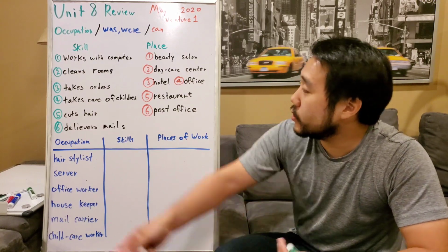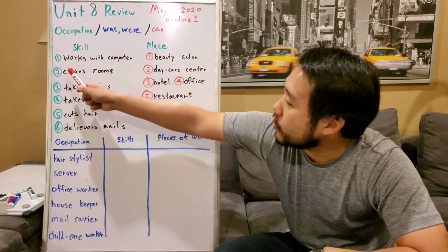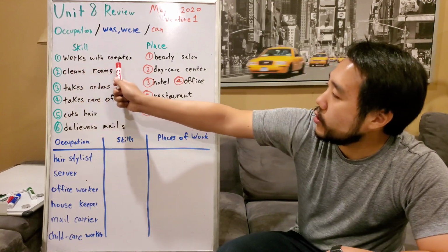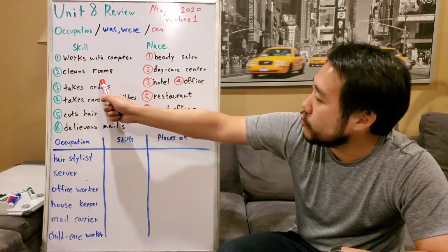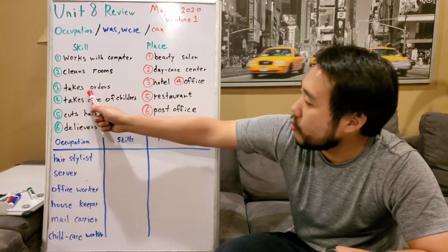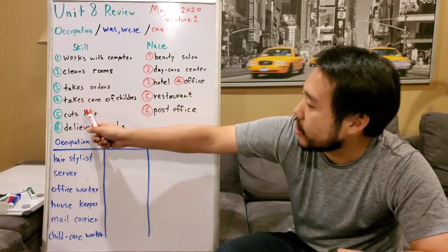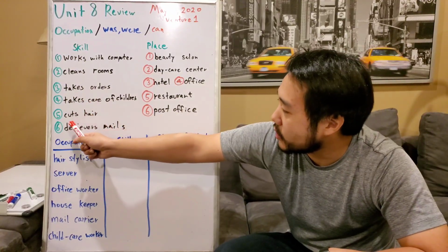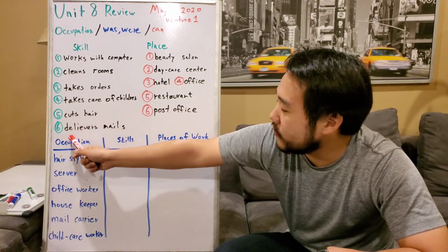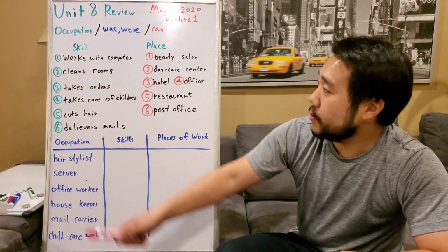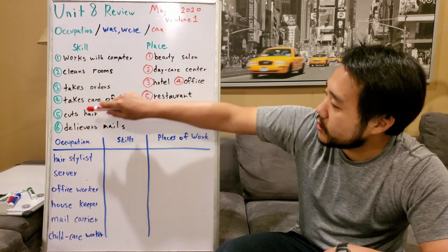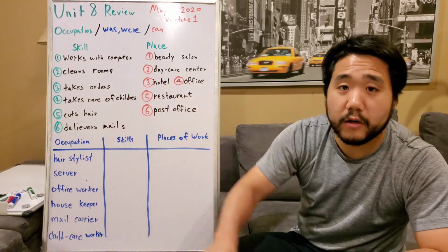Let's think about it. So we go over the skills. Here we have works with computer, cleans rooms, takes orders, takes care of children, cuts hair, delivers mails. Based on the skills, we can say number 5 is for hairstylist.